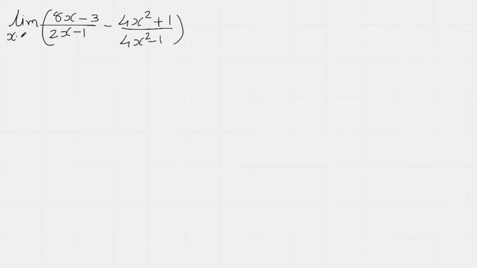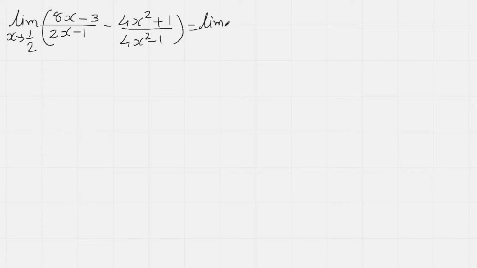Let us find the limit as x approaches 1 over 2. If we substitute x is equal to 1 over 2 directly, the denominator of both the terms becomes equal to 0. So we cannot substitute x is equal to 1 over 2 directly into the function. So let us simplify it and see what happens next.